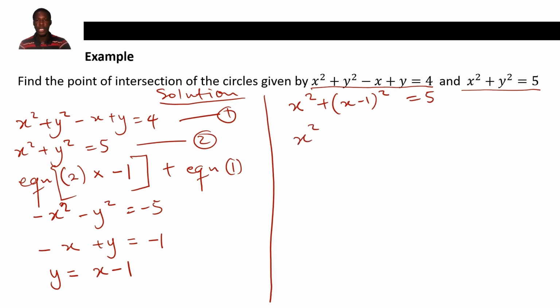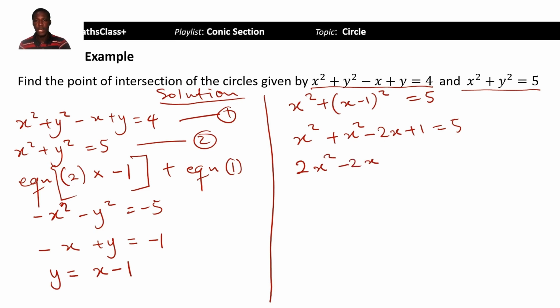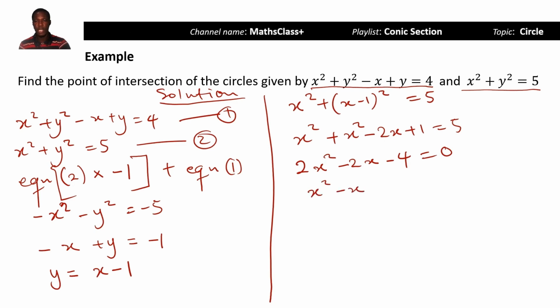So x squared plus x squared minus 2x plus 1 is equal to 5. So I have 2x squared minus 2x, and then minus 4 is equal to 0. If I divide through by 2, I will get x squared minus x minus 2 is equal to 0.